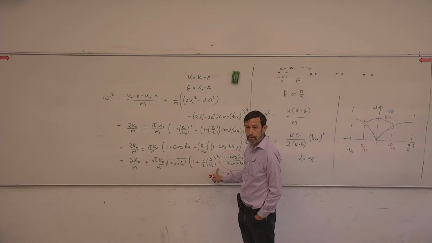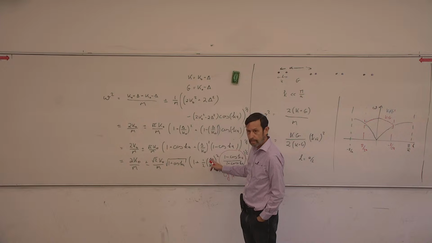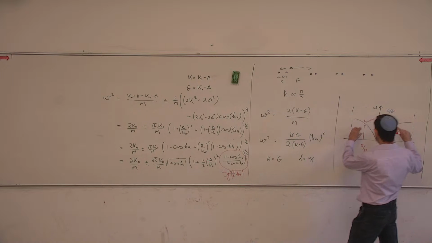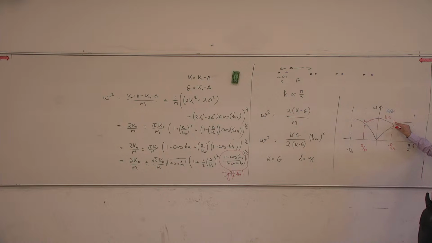And I'll leave you to check at home that putting in a small delta, first compare with delta equals 0. You should go back to the previous solution. And for a finite solution, just plot that the solutions give you this behavior.